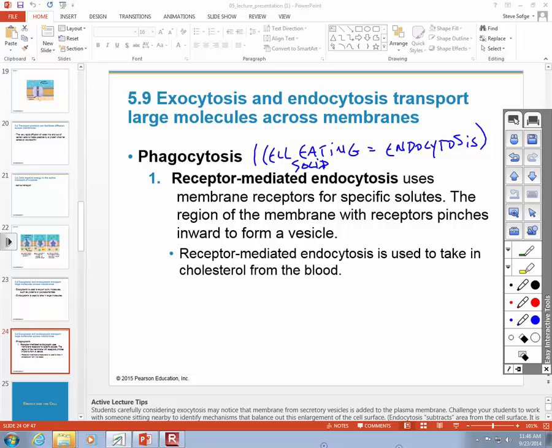Different cells have different needs. You'd think they all pretty much need the same stuff. Well, some things, yeah. But some things they need very specifically, depending on if it's a pancreas cell or a liver cell, depending on where it is and what it's going to produce. They have to get very specific things, so they get receptors to make sure they can pull those things in.